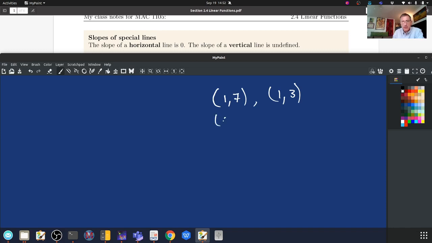So I'm going to label this x2, y2, and this one x1, y1. So my slope m is 7 minus 3 over 1 minus 1, which is 4 over 0, and that is undefined.